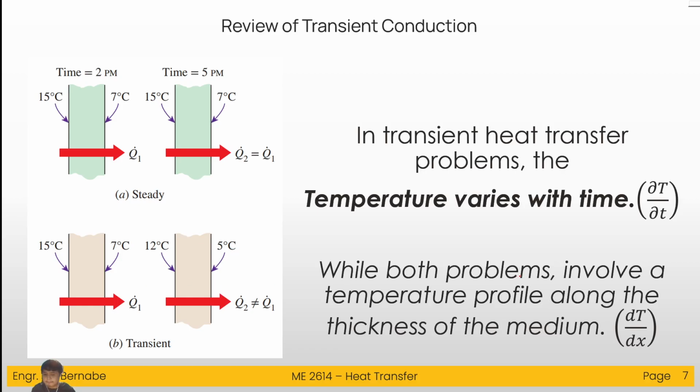So both problems still have a profile of change in temperature with respect to the space variable, not over time, but with respect to the space variable only. So for this case, the graph is just like this. But for transient, it might be different.